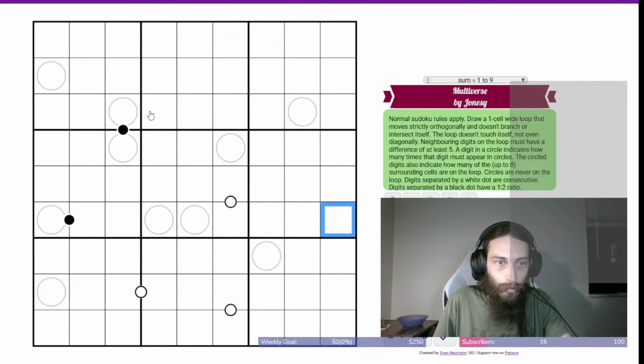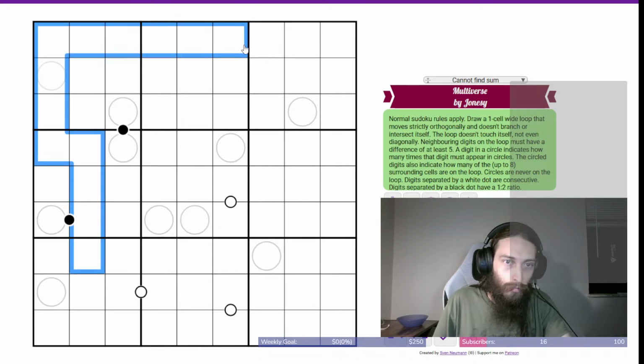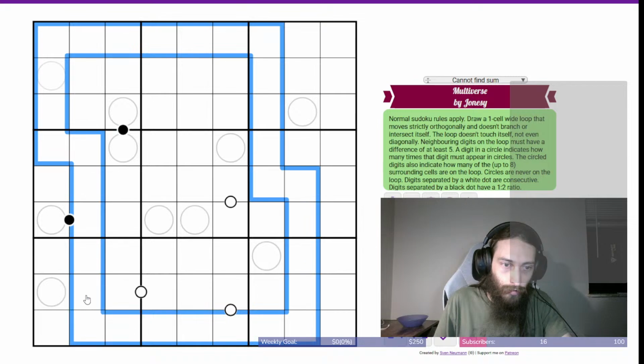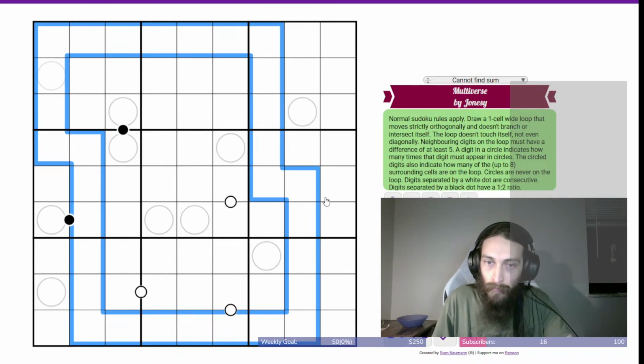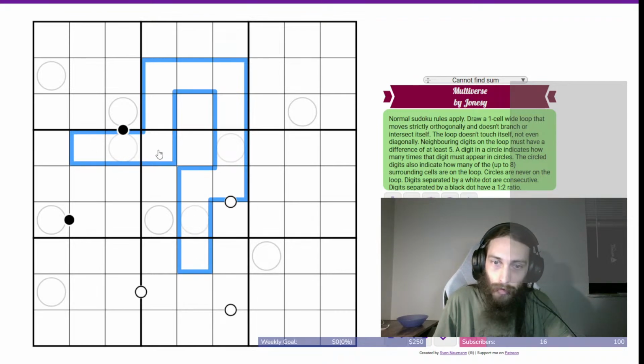And then with the loop, that loop might look weird. It just has to go around the grid. Yeah. And then as far as the loop goes, it can't go like this. That would not be allowed, because it can't touch itself diagonally.